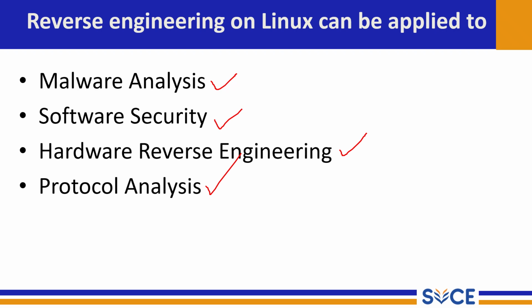Software security means identifying vulnerabilities in software to improve its security posture. Hardware reverse engineering means analyzing embedded systems and firmware to understand their operation. And protocol analysis means investigating communication protocols used in various systems, including IoT devices.